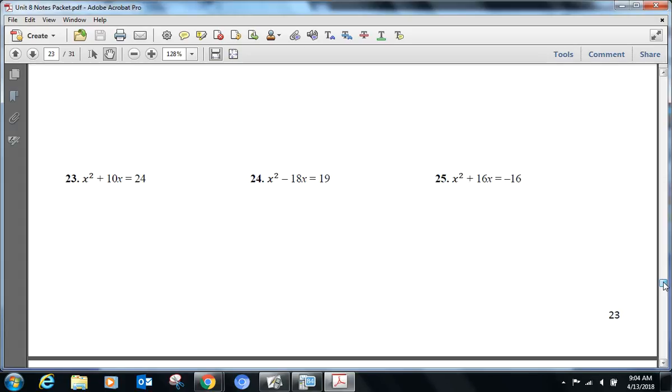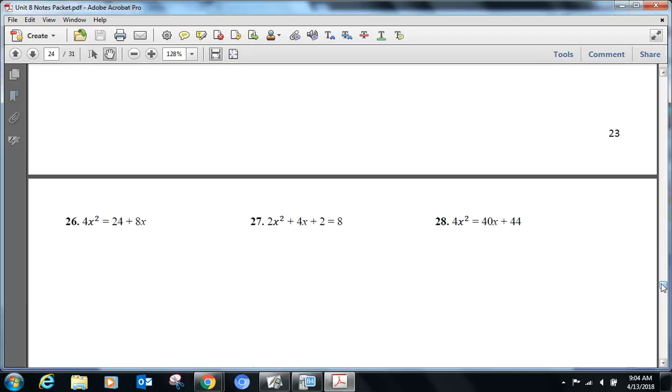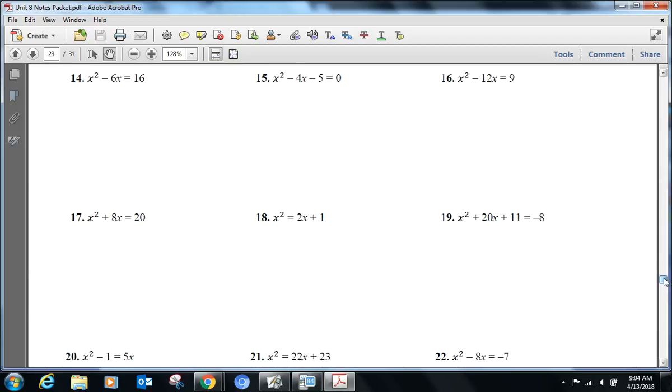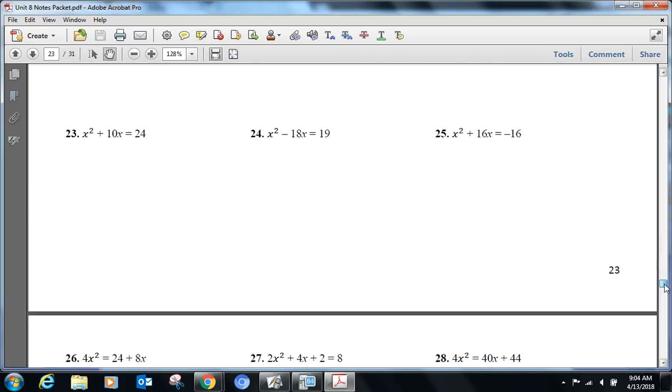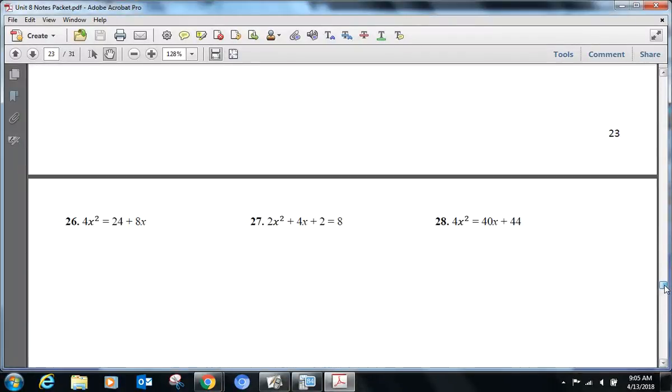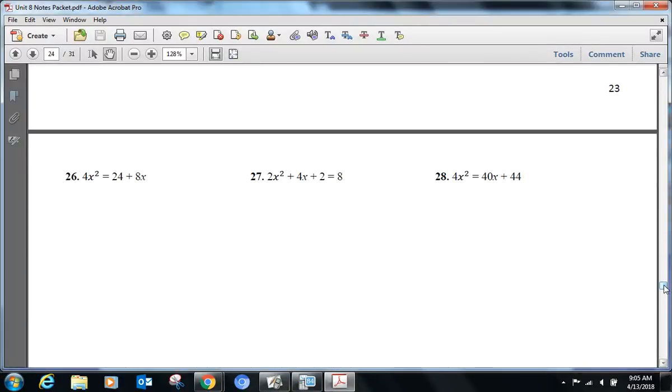I'm not going to have you do all of them because some of you work too hard for me, and I'll give you a little reward for that. So I'm just asking for 11 through, what's the last problem? 27 or 28 odd. All right, 11 through 28 odd. Just do the odds on a separate sheet of paper using the quadratic formula.